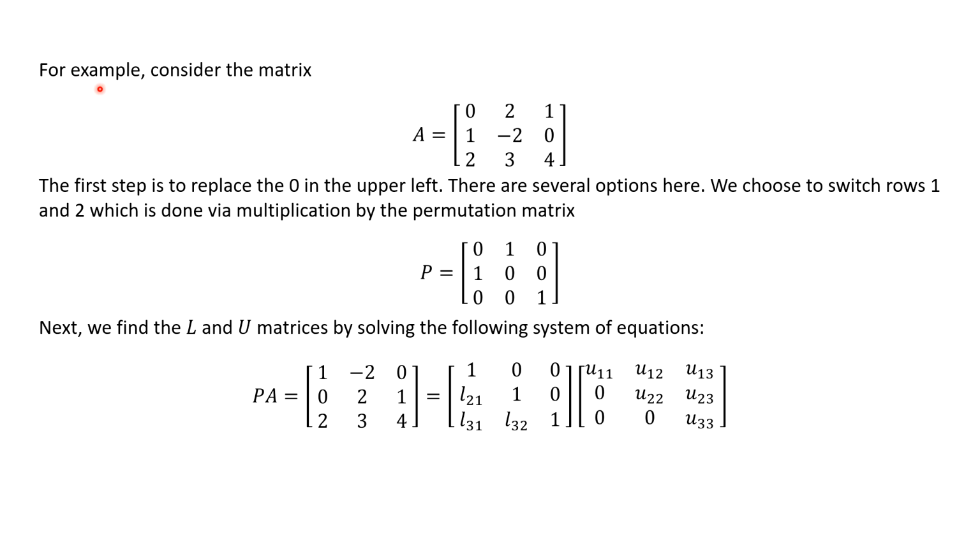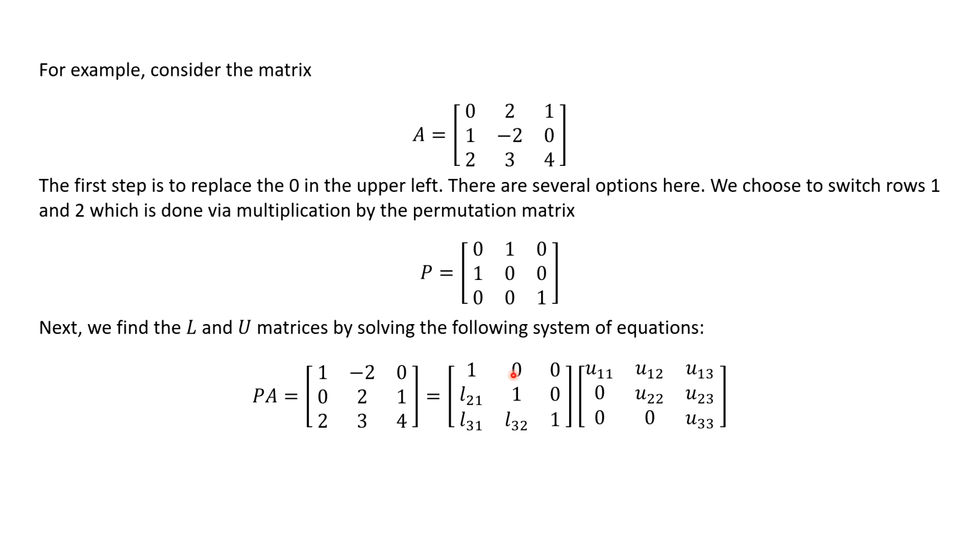So let's look at an example. Take a matrix A. We want to put it in LU form. The first step is to get this 0 out of here. And we can do that by multiplying by a permutation matrix, this here. That effectively exchanges row 1 and 2. So P times A gives us this.